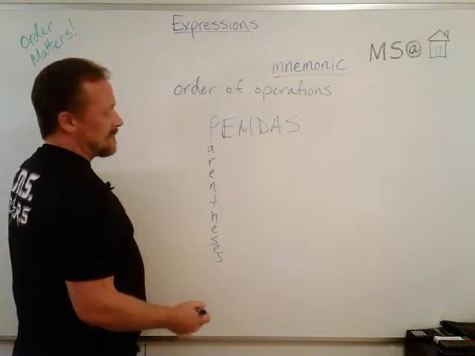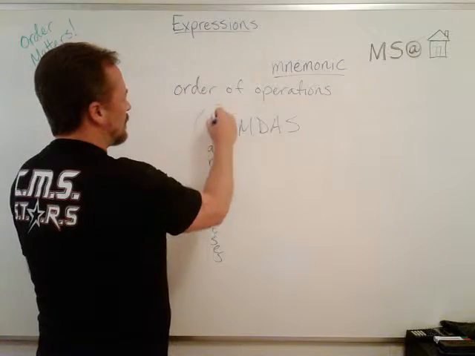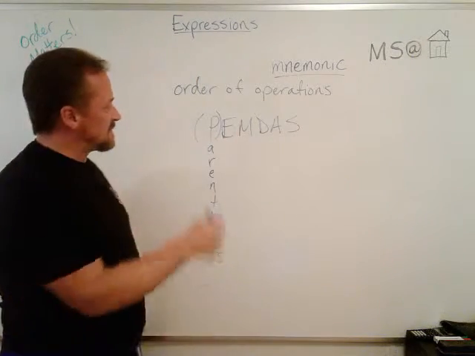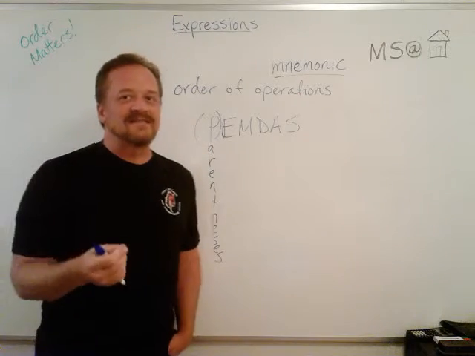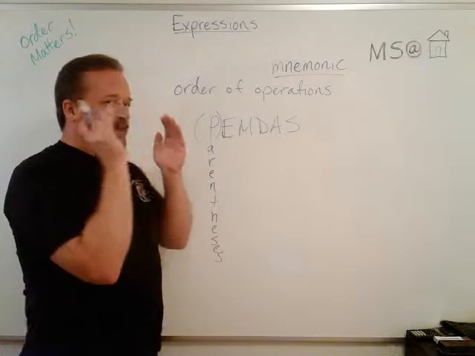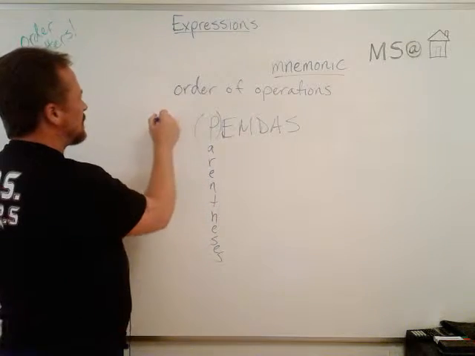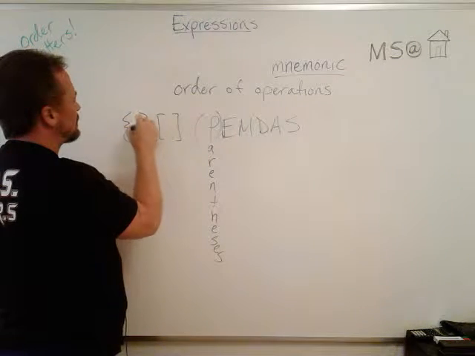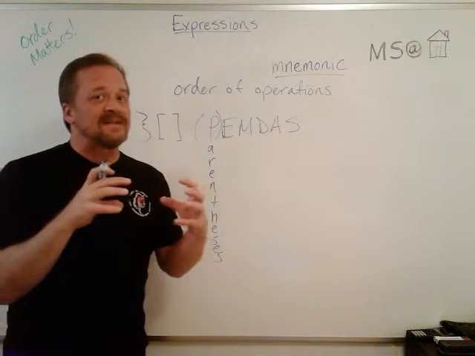Okay? That's these guys. Now, one of the reasons they use GEMDAS sometimes instead of PEMDAS is because G stands for grouping. The P for parentheses can mean these parentheses. It can mean brackets, braces. It can mean any grouping symbol.